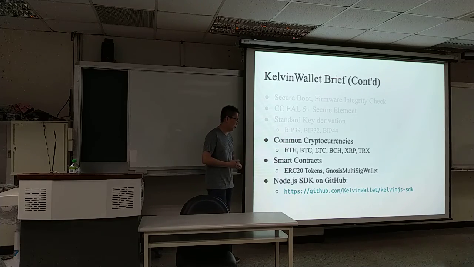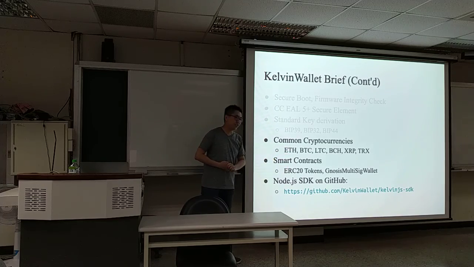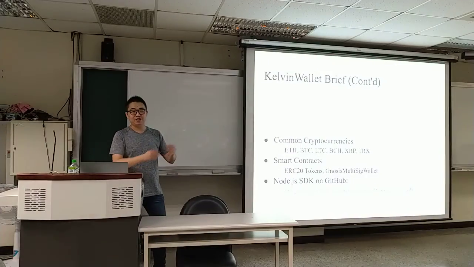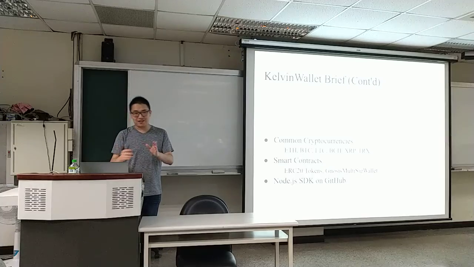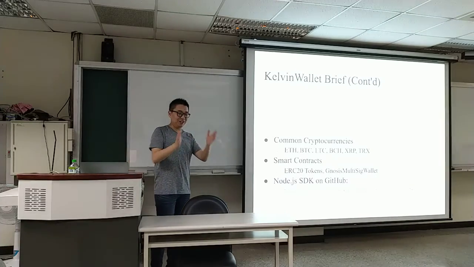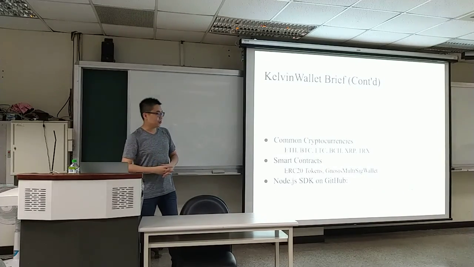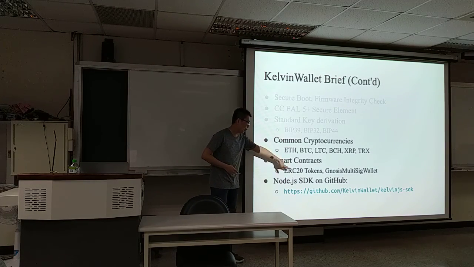For the token part, in order to support a special cryptocurrency token, native coin or token, we need to add a command so that we can deserialize the request, construct the message to be signed, generate all the data structures that need to be shown on the display, and generate the response. So it is ad hoc work to add a token or a cryptocurrency, and currently we only support these.